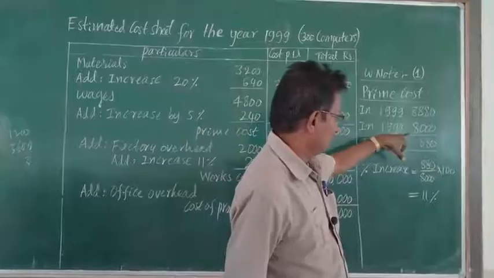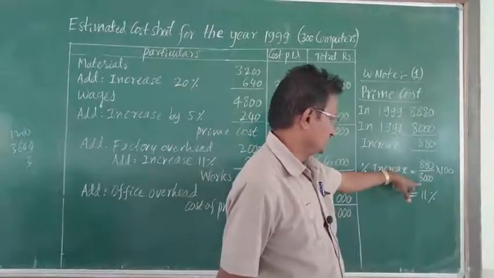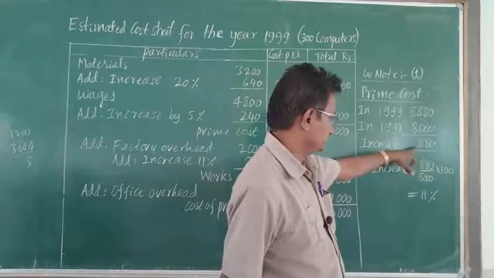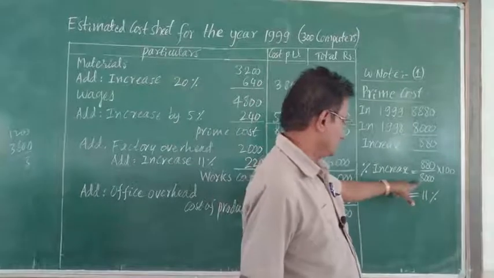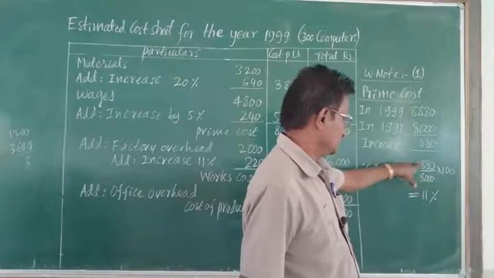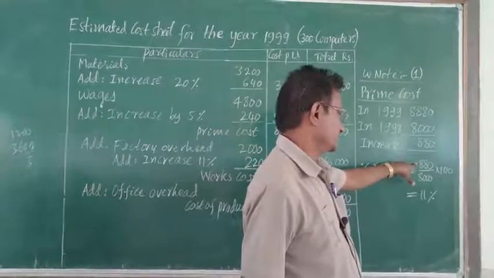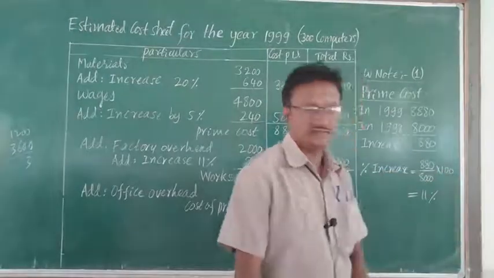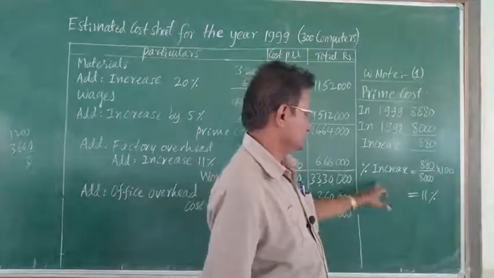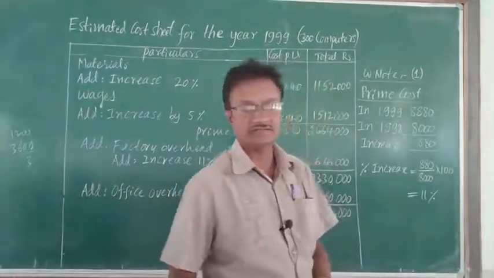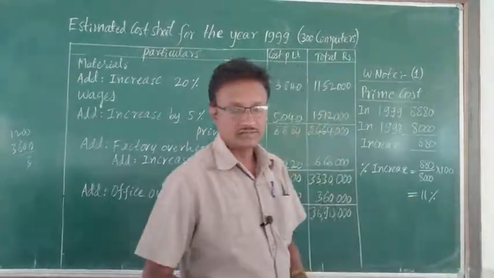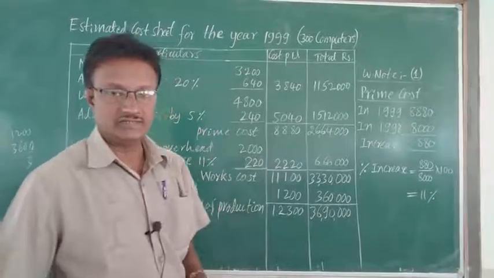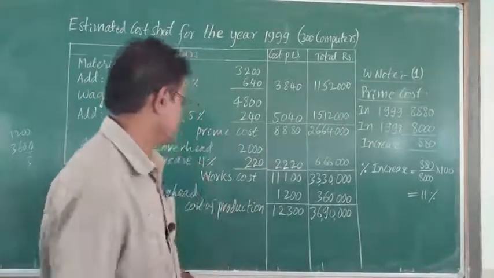In 1998 it is 8,000, and it has been increased by rupees 880. So for 8,000 the increase is 880 rupees, and what for 100? For ascertaining percentage, it is multiplied by 100, then we get 11%. So factory overhead has to be increased by 11%.